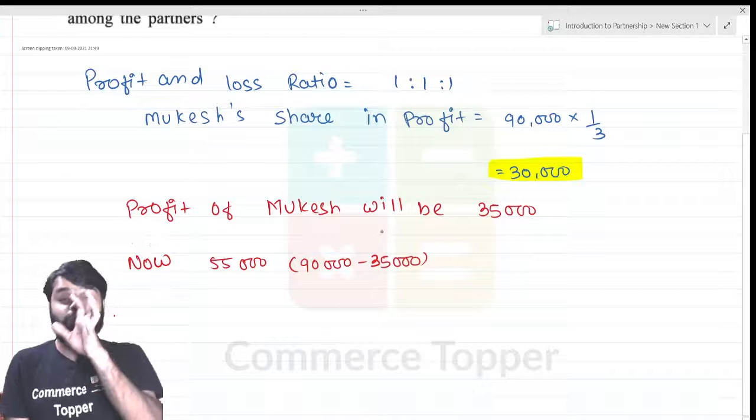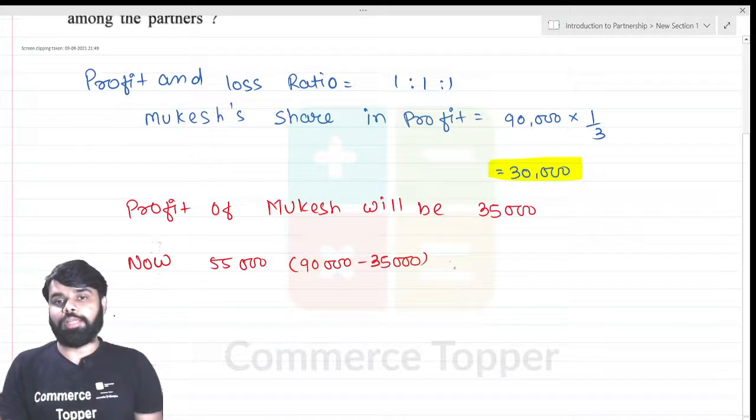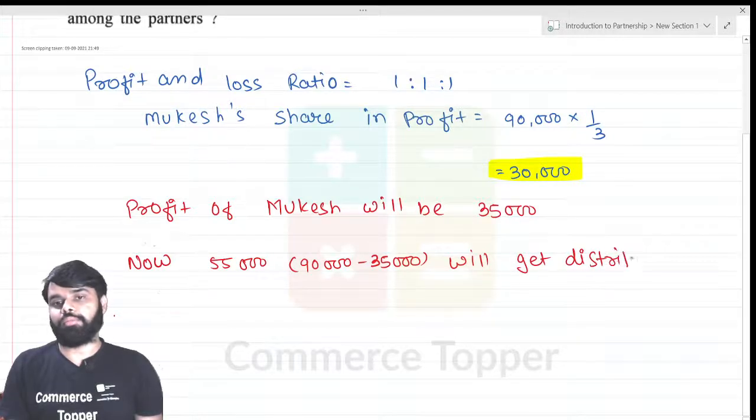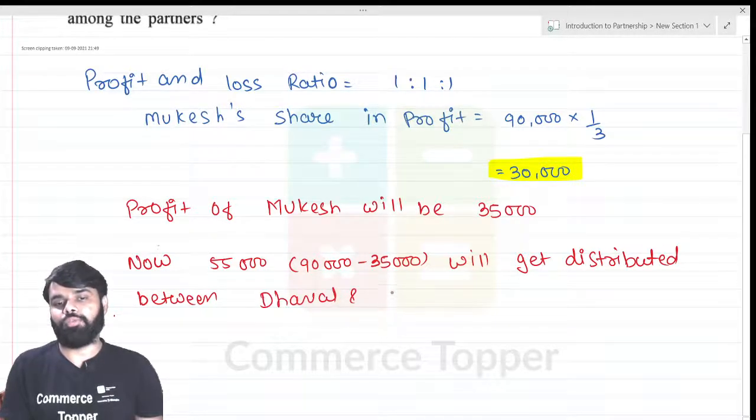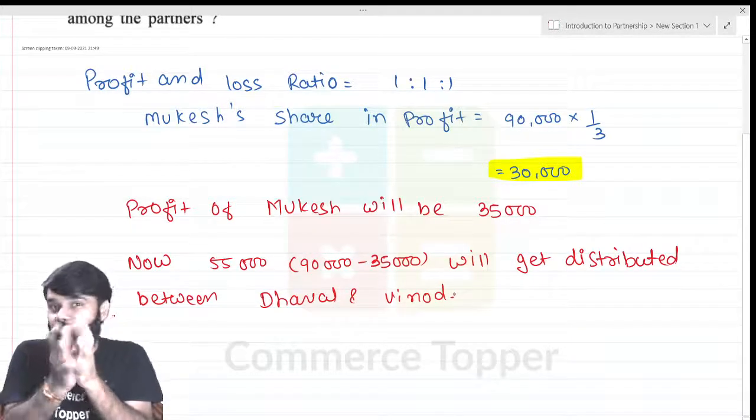So now 55,000 will get distributed between Dhaval and Vinod, because see, now Dhaval and Vinod are having only 55,000.